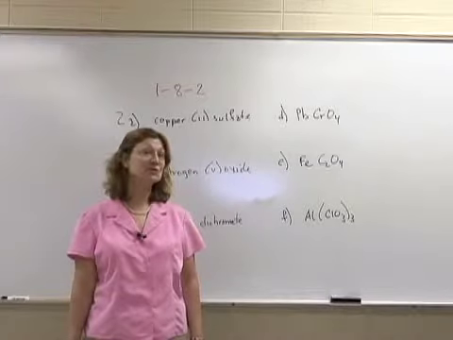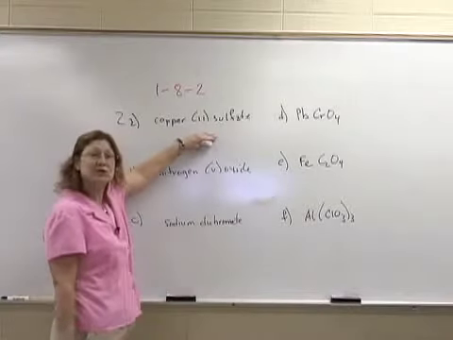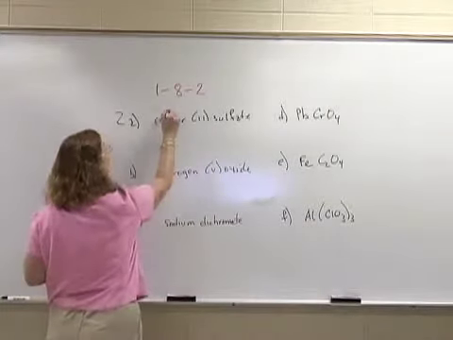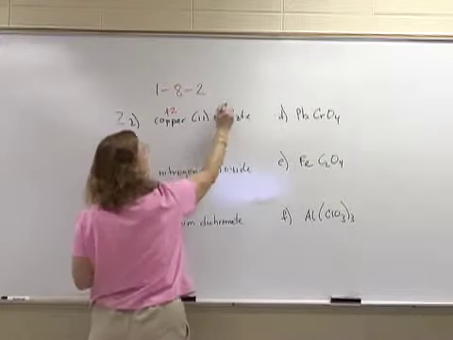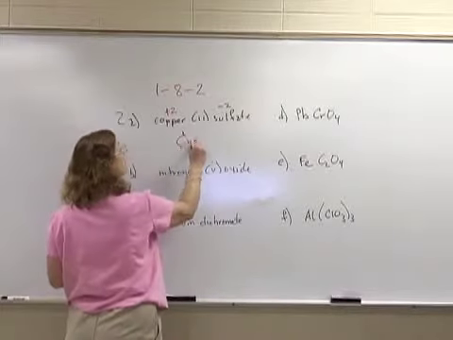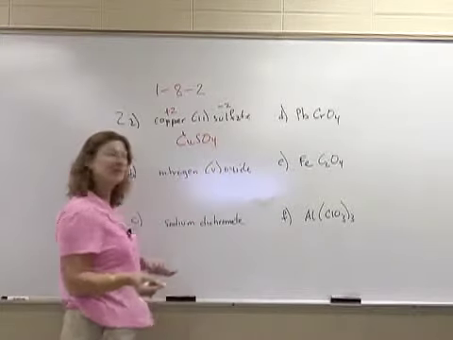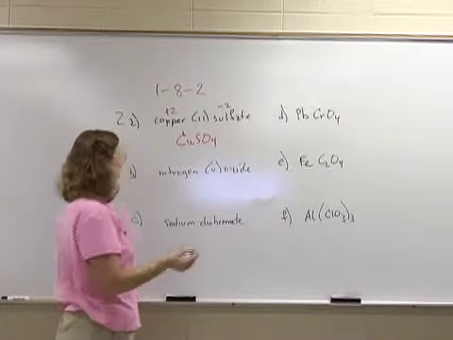In number 2, you must write the charge in the Roman numeral above the word. That is extremely helpful. Sulfate has a -2 charge, and compounds must be 0, so it is just CuSO4. I only need 1 of each, because it's already +2 and -2 is equal to 0.